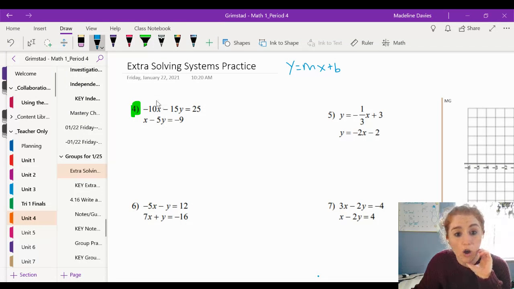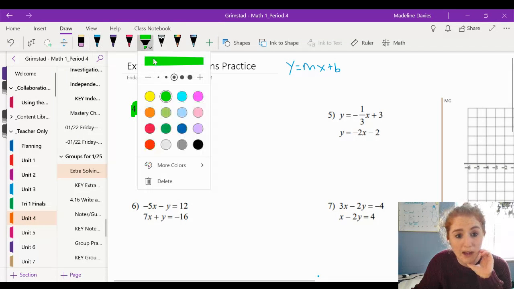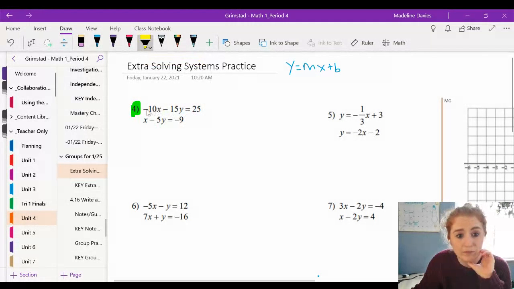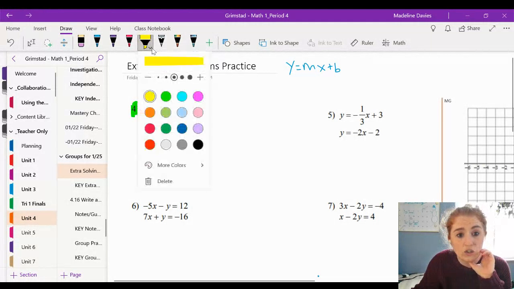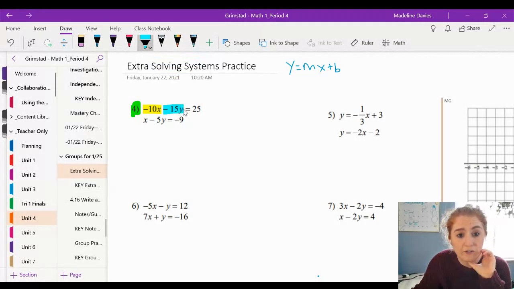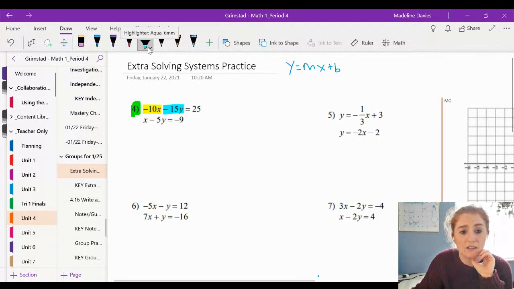Well, I could choose to eliminate my negative 10, or I could choose to eliminate my negative 15y. In this case, I think I'm going to go with smaller numbers. So I will go ahead and delete my 15y. And let's take a look at what that does.